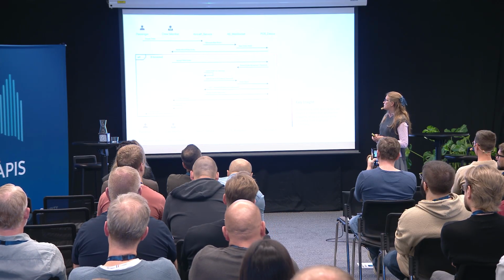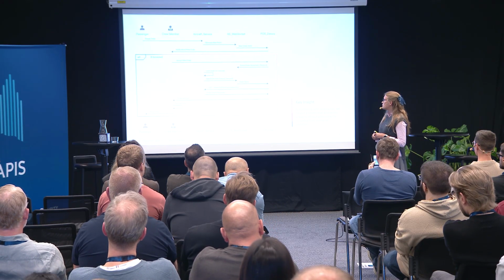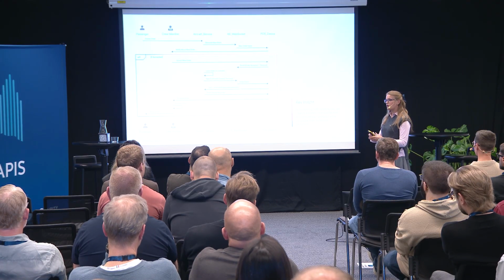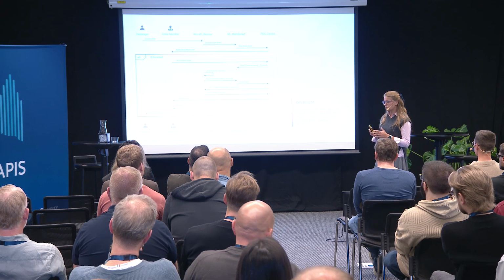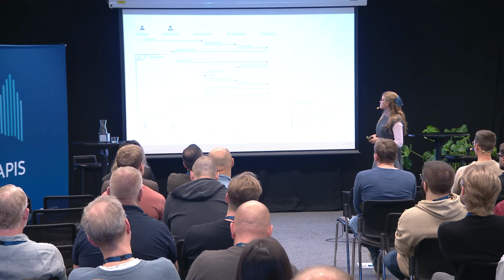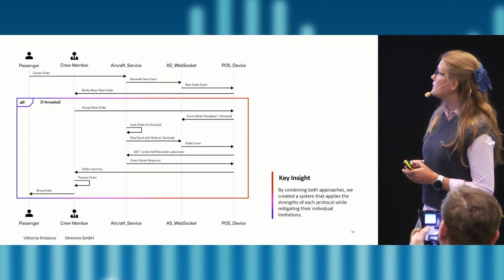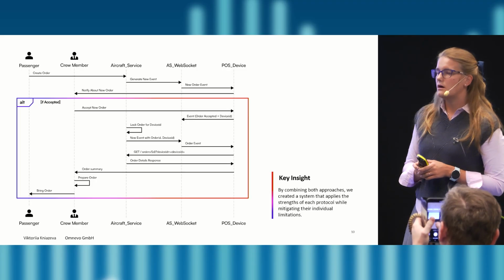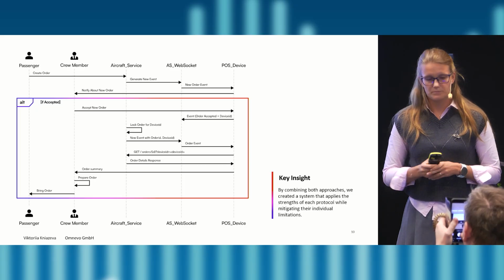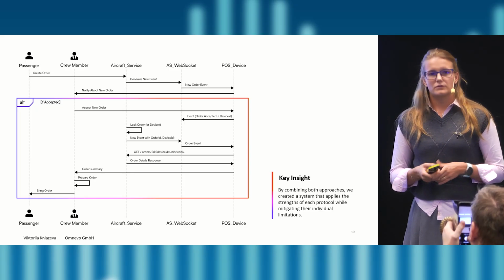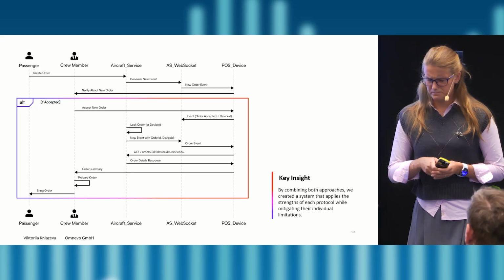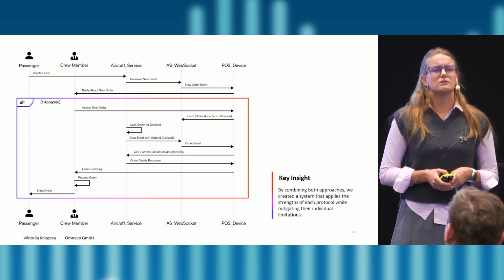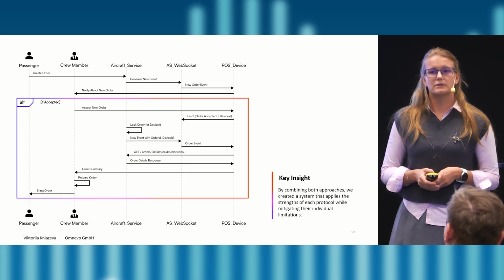Then, once done, the aircraft service produces a new event with the order ID. So we decided that this order can be served. And then here REST comes into play. Then the POS device goes to the aircraft service and requests all the details. Why is that needed? Because of the size limitations. For example, as for now, we have a limitation, if I'm not mistaken, of about 5 megabytes or something like that.